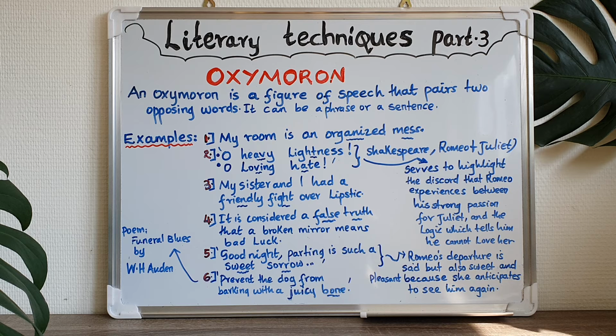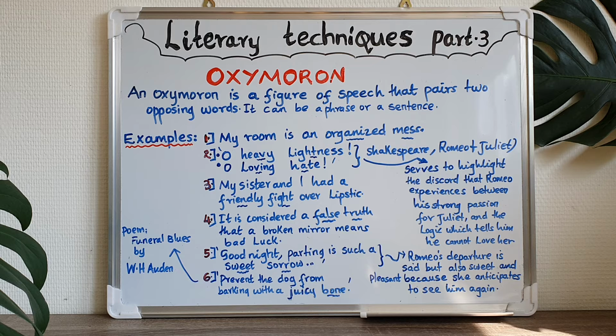Now, let us move on to example 4. It is considered a false truth that a broken mirror means bad luck. Now, in that example, we have the words false and truth. Those two words are opposite in meaning, and yet they are paired together.